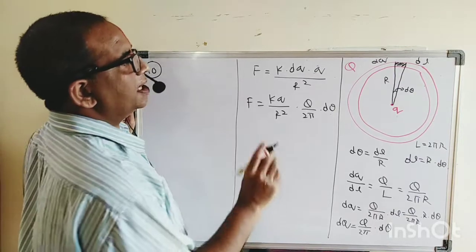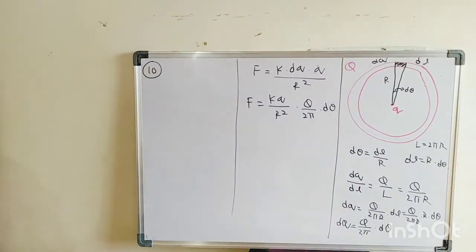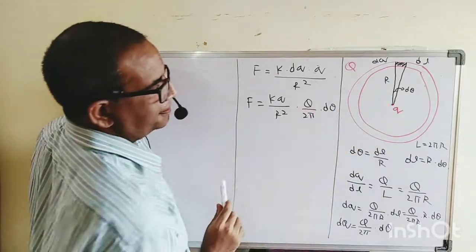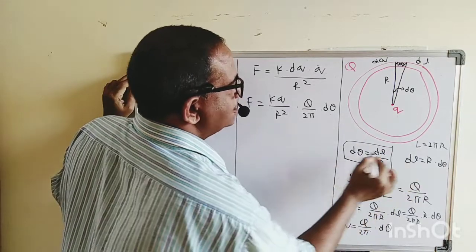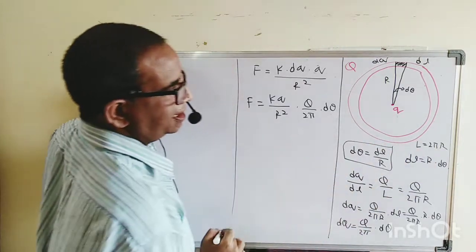See here once again what I did. I took a small length dl, which makes a small angle d theta. Angle equals arc length by radius, therefore dl equals r d theta.